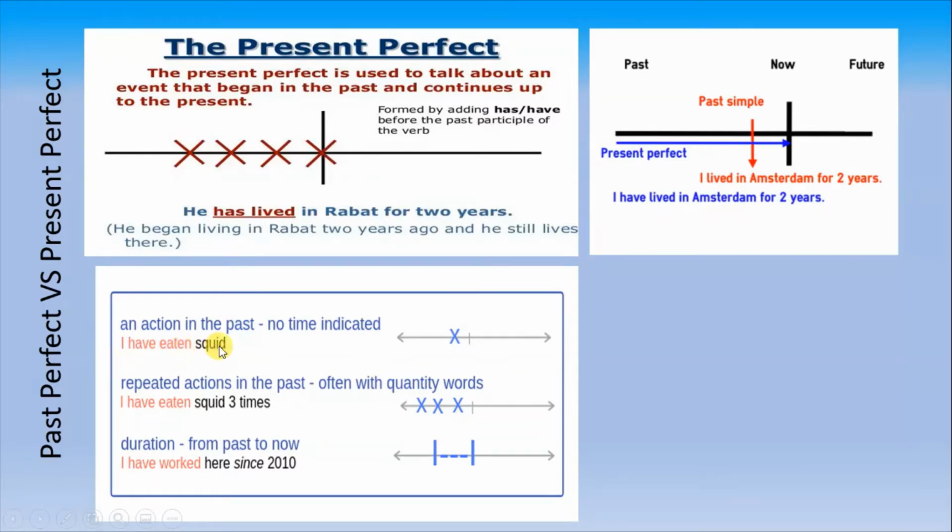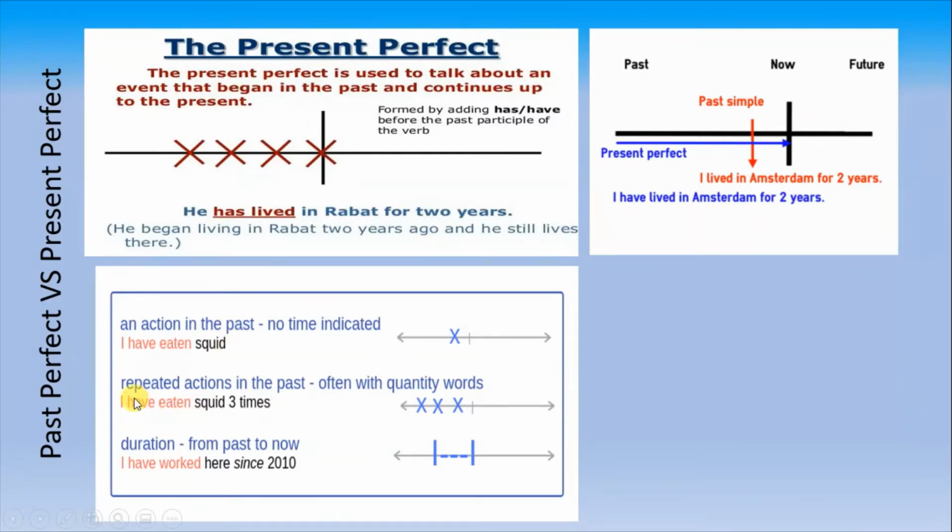It started and finished in the past, before the present time. You see here there's no indication of the time. I was eating the squid before this moment, but I'm not going to specify any time.